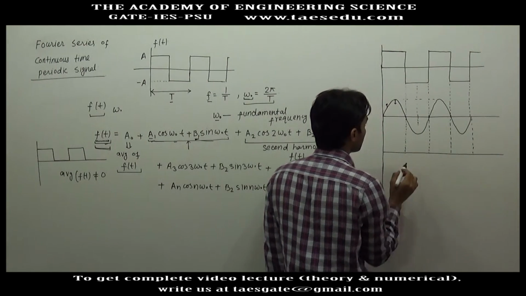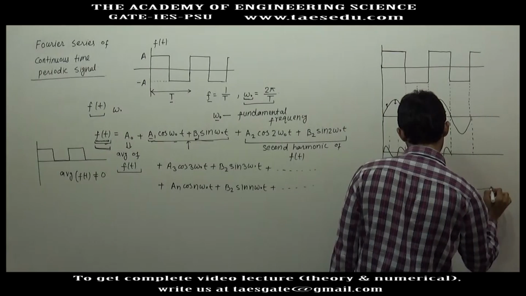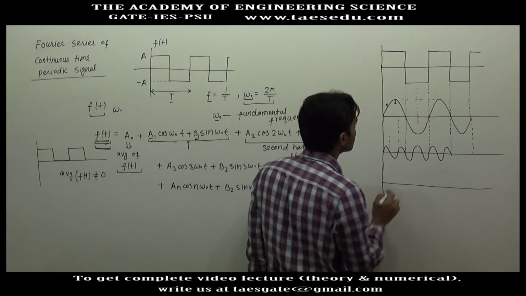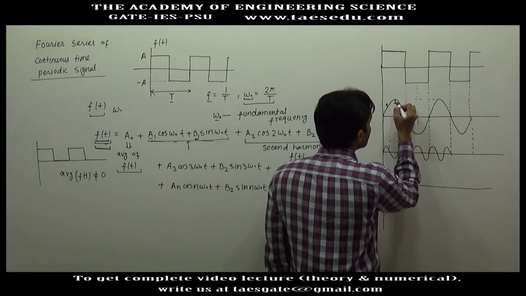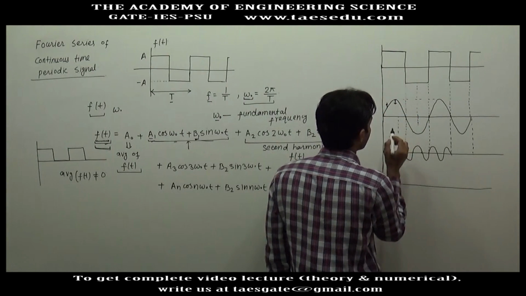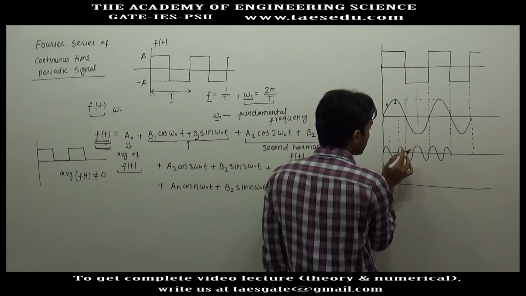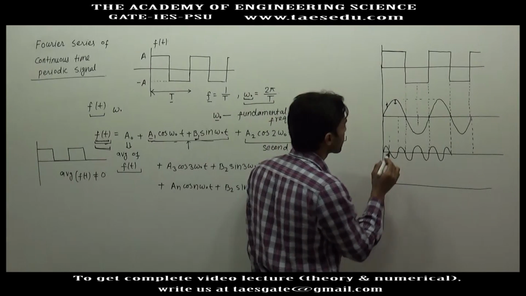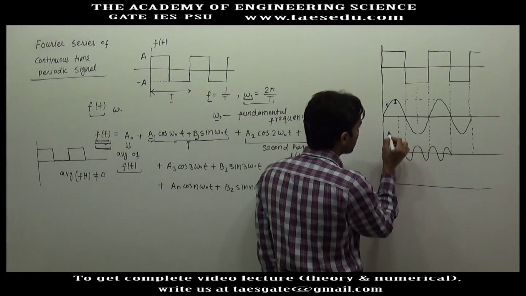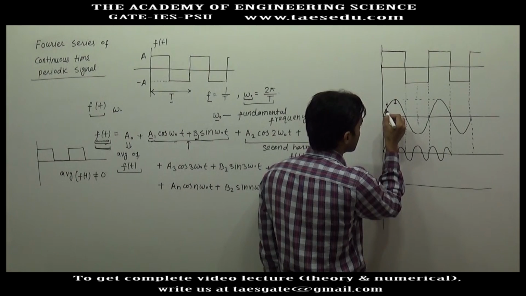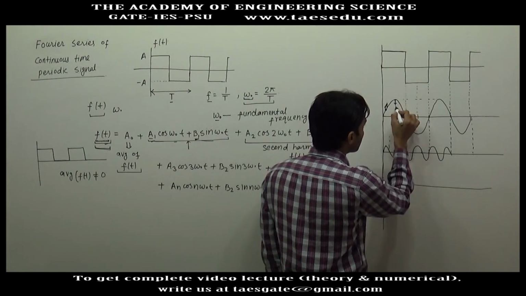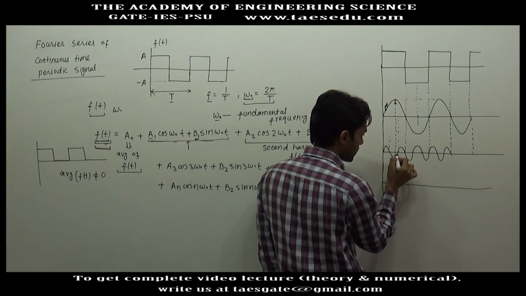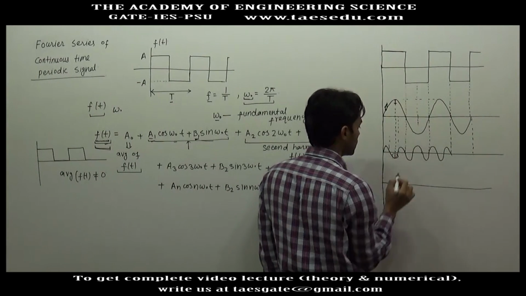So I will add this one. Now if you add these two signals, what will you get? You are adding a positive value here, so this will go up, and in this graph you have a negative value, so this will come down.